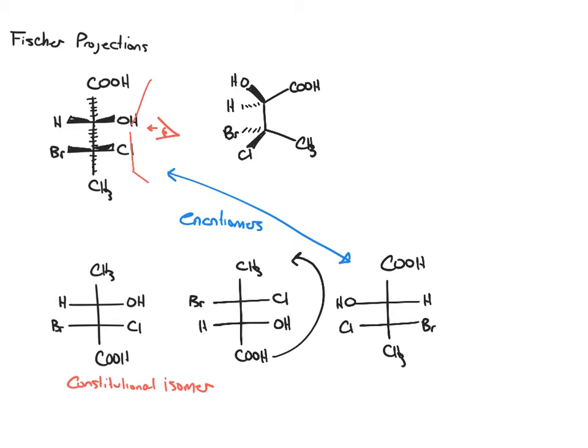All right, now, honestly, it's perfectly valid to leave the structure like this. If you want it in more of the zigzag form, we can rotate around and put this methyl group zigzagged onto the other side.